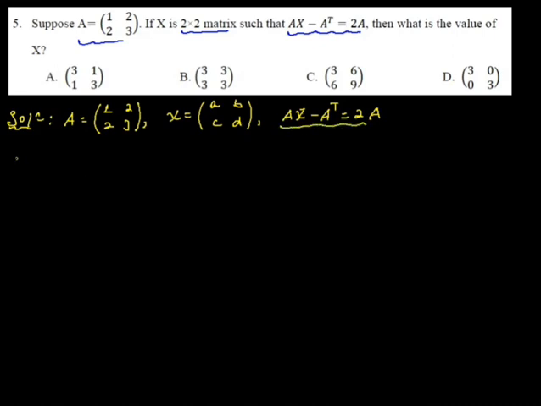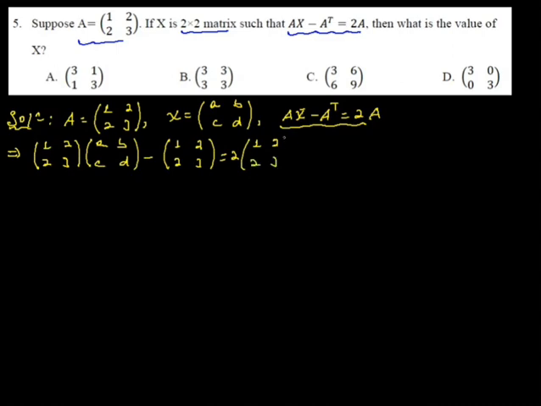So let us write this as it is. A times X means A, which is 1, 2, 2, 3, times X, which is a, b, c, d, minus A transpose, which is 1, 2, 2, 3, equals 2 times matrix A, which is 2, 4, 4, 6.